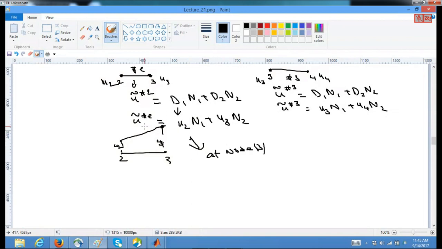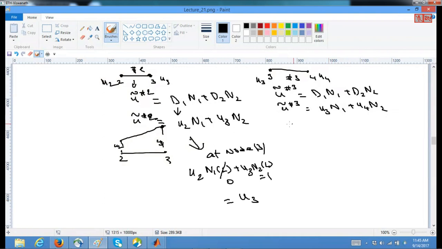So if I evaluate at the node 3 through the element 2, since that is U2 evaluated at length at node 3 and U3, I know that this is 0 by the characteristic of things and this is equal to 1. So this is equal to U3.